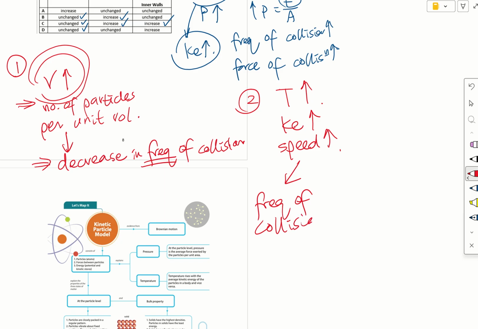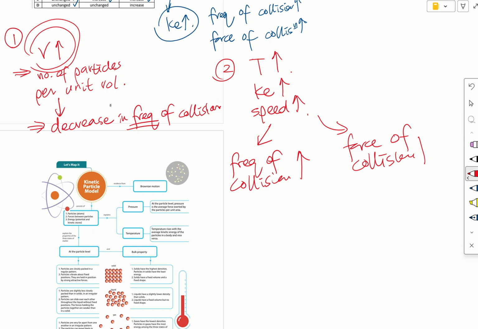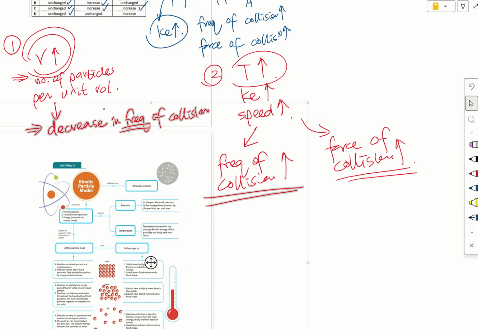Because they are moving so much faster, there is a higher chance of them colliding with one another, so the frequency of collision will increase. The other effect is the force of collision will also increase, right? Because now they are moving faster, definitely the force that they collide with the inner wall will also increase. So temperature actually has two effects: frequency of collision increasing and force of collision increasing. Whereas if you only change the volume, there is only one effect.